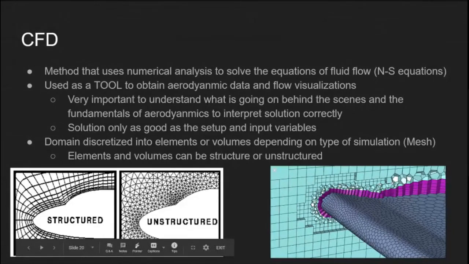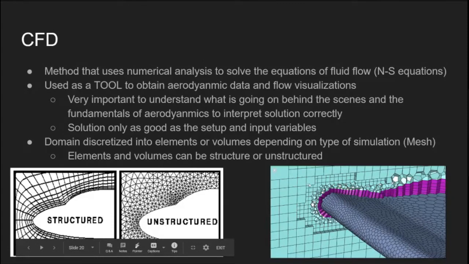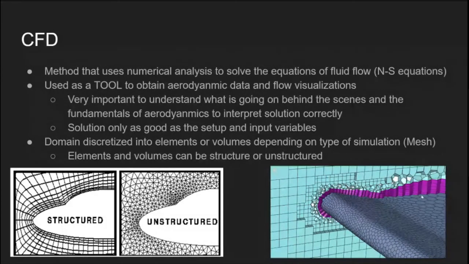This is a triangular mesh that's unstructured. This one uses, I think, hexagonal elements. So there are a lot of different types of meshes, and knowing what type of mesh you use is pretty important to have a good simulation, because with some types of meshes, you won't be able to capture some of the flow effects.